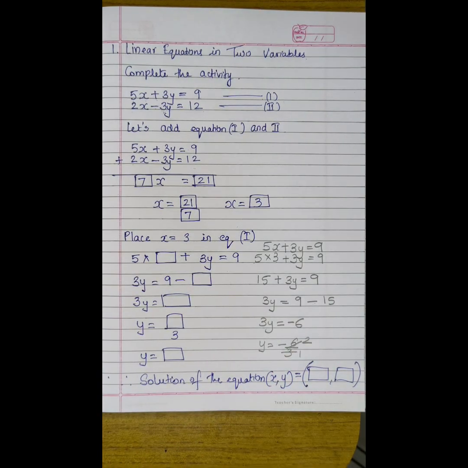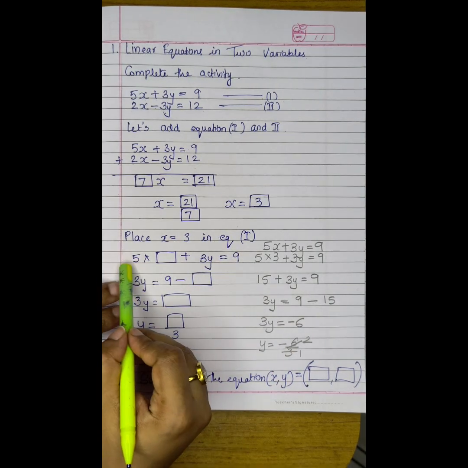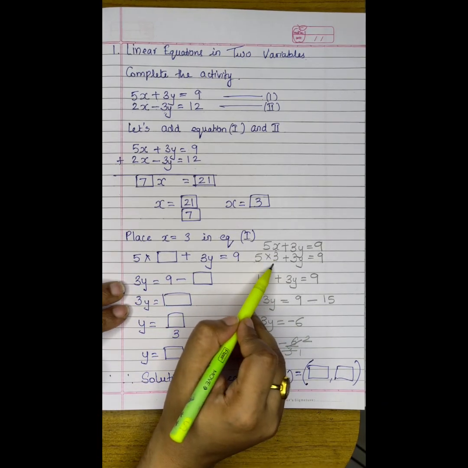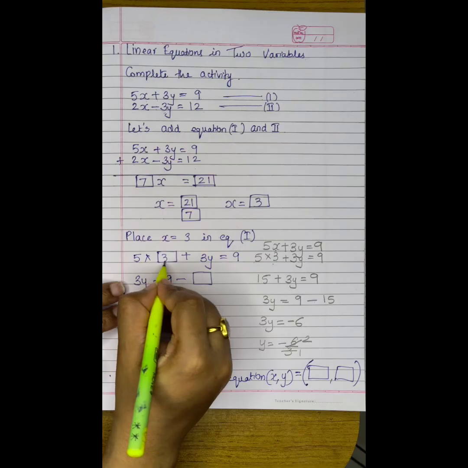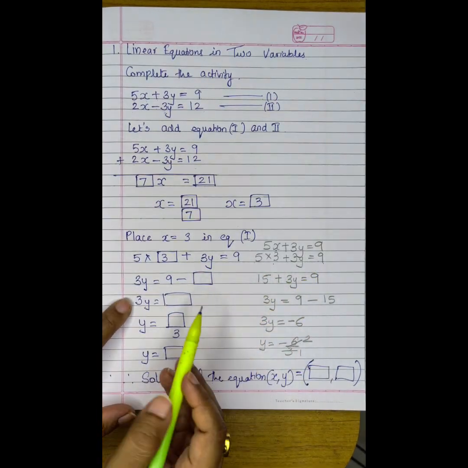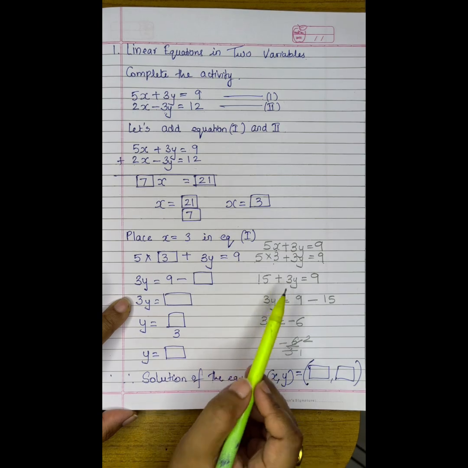Now see here. 5 multiplied by x. X was what? 3. Okay, so 5 multiplied by 3 plus 3y is equal to 9. Next step, this step is not given here.